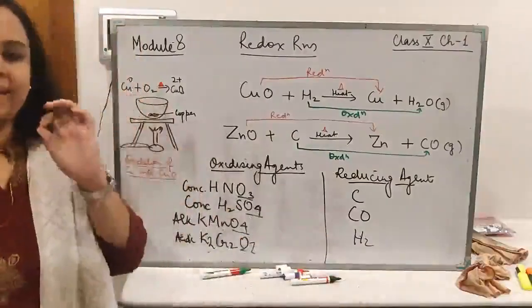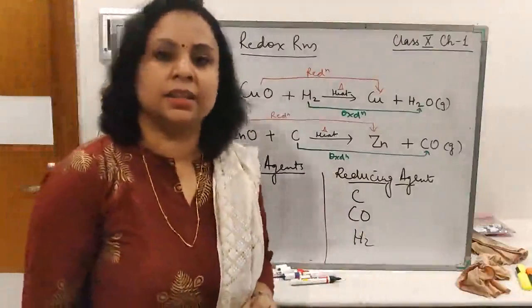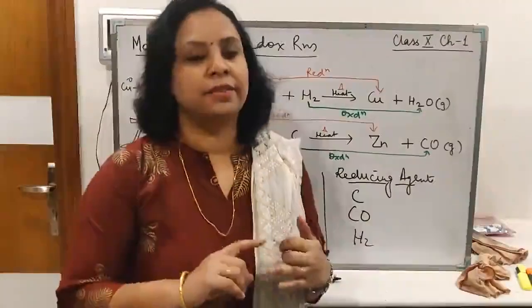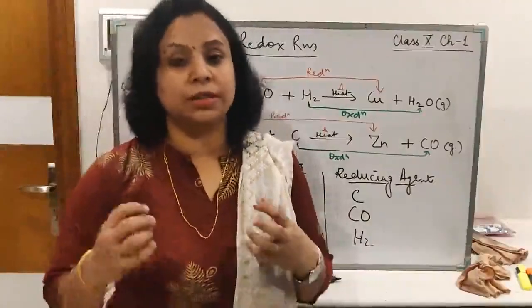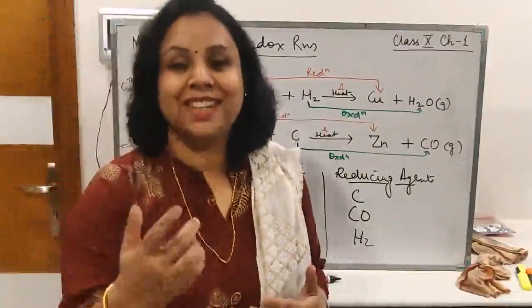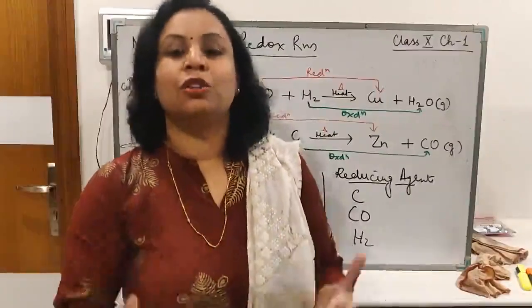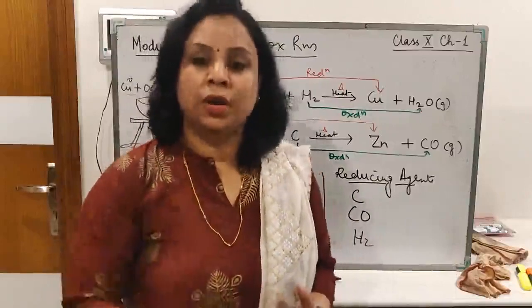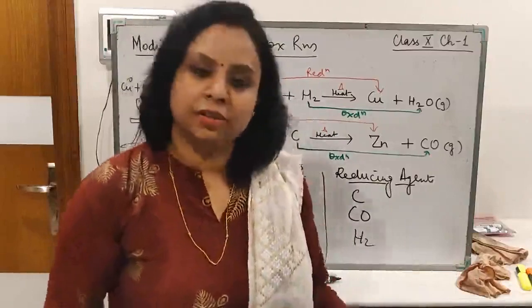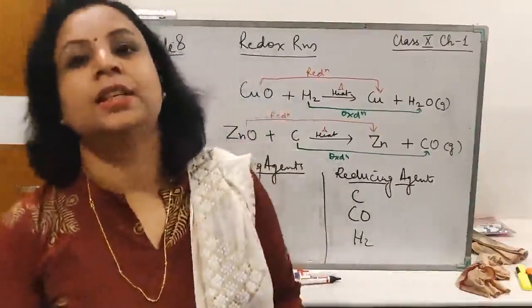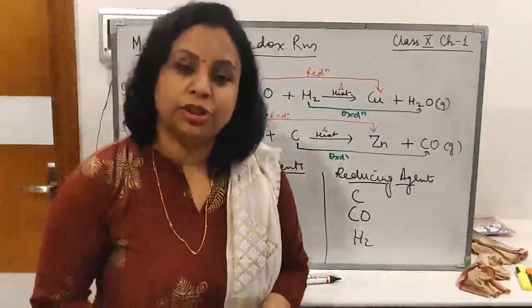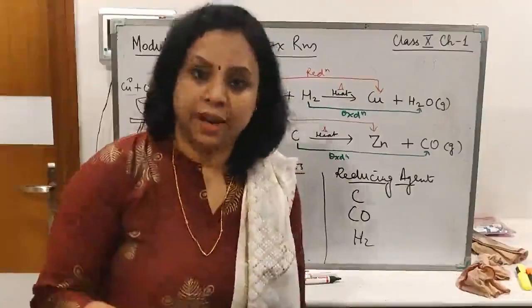Now, let us do a little recap of today's module. We studied oxidation and reduction processes, how oxidation is gain of oxygen or loss of hydrogen or loss of electrons, and what reduction is. Reduction is loss of oxygen or gain of hydrogen or gain of electrons.